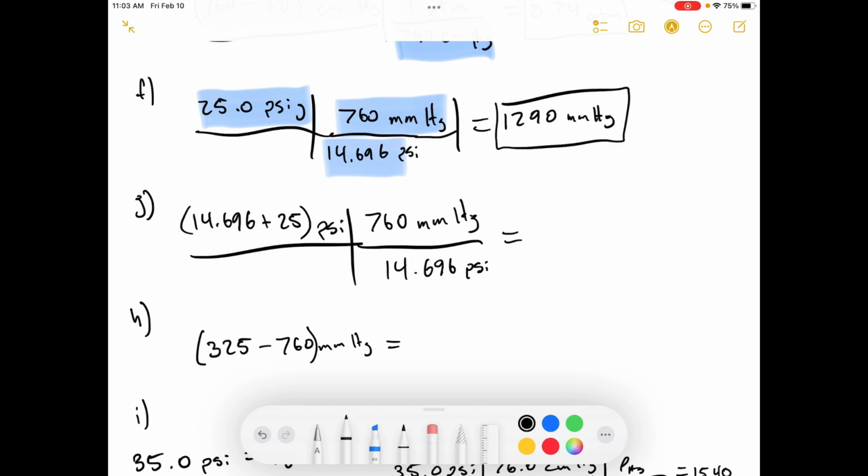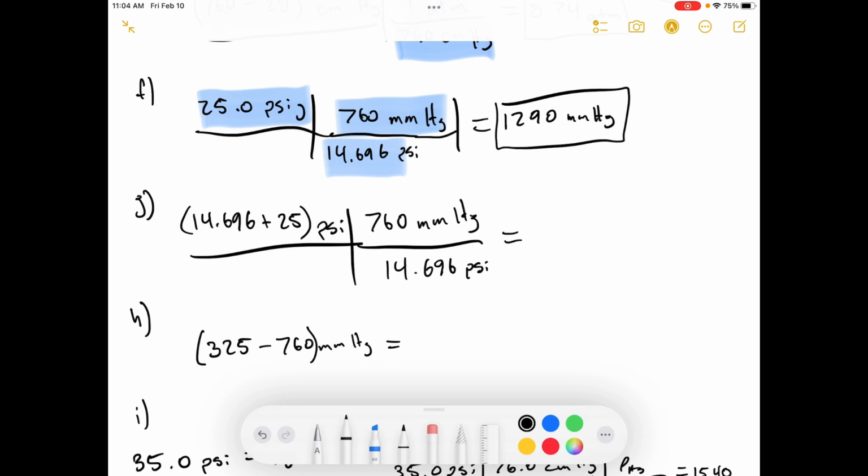Okay, now part G is the same question, except for now, instead of going from millimeters of mercury gauge referring to the same vessel, now we're changing our reference and we're saying we're not talking about what's inside the vessel, we're talking about total absolute pressure. So if you've got an excess of 25 psi inside of this vessel, what's the total increased pressure above that?